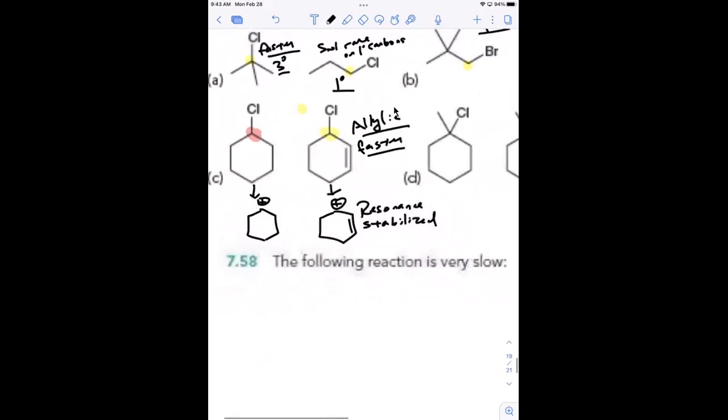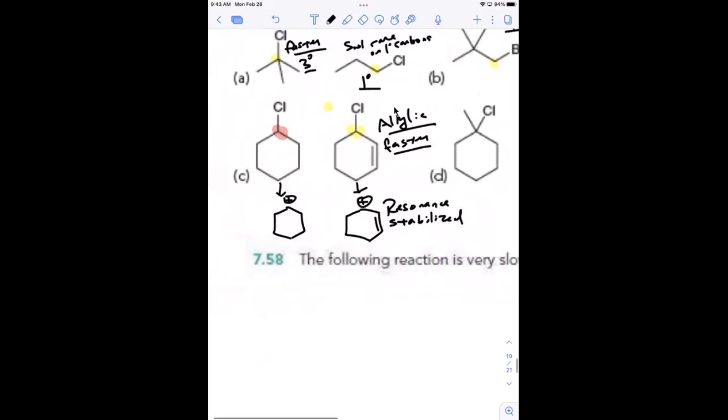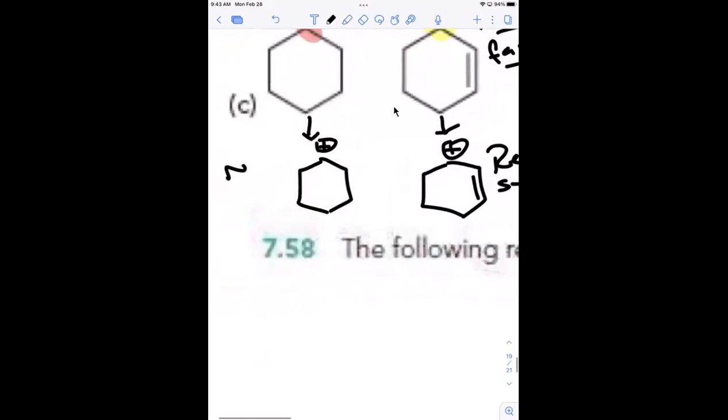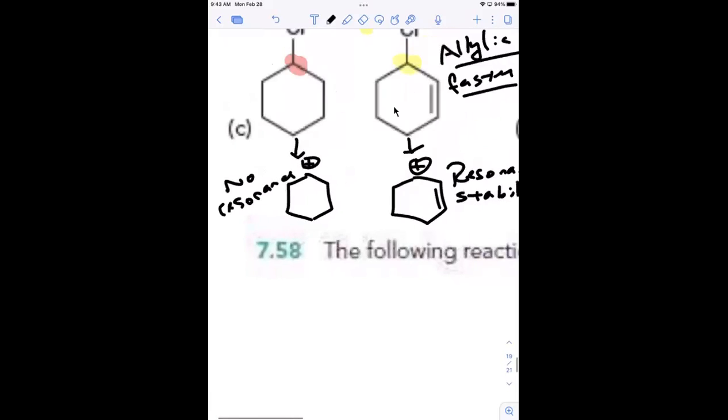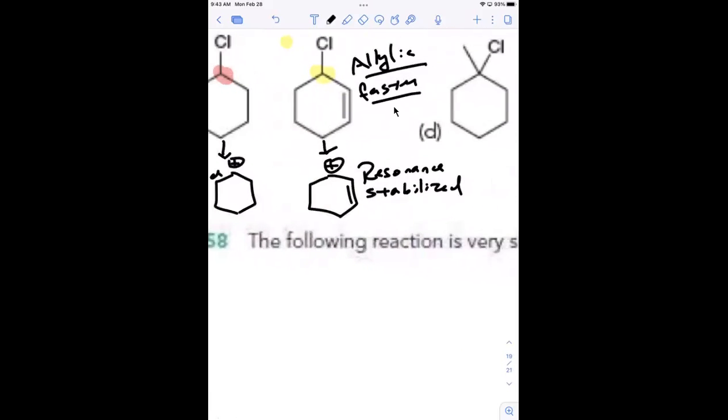You've got the same leaving group, but the structure of your substrate is different. So no resonance there, but you've got resonance stabilization here.